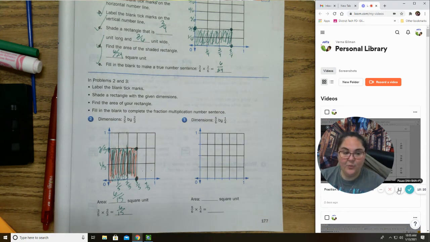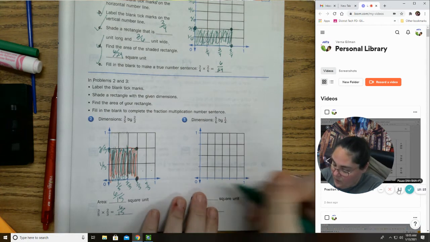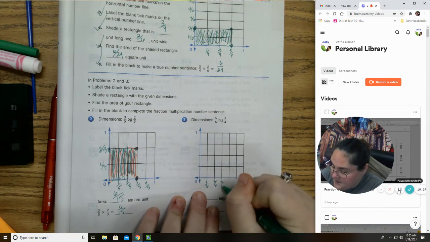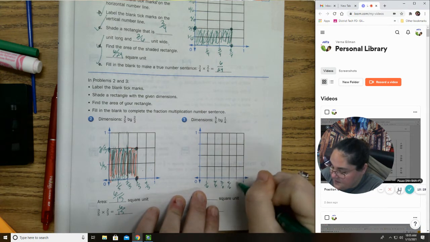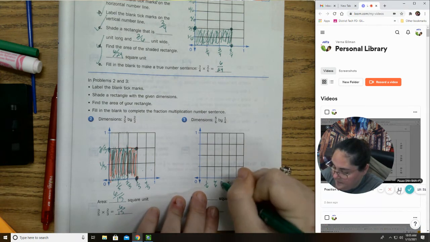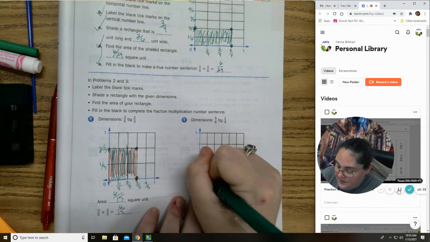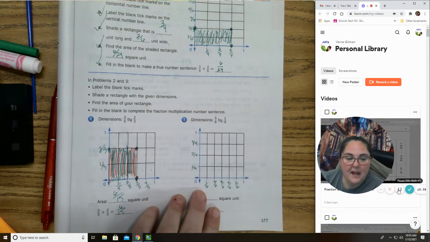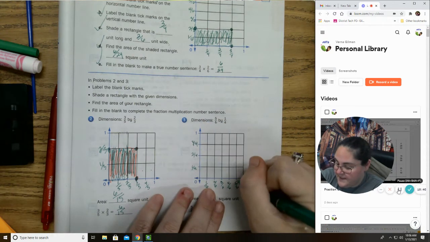All right, here we go. We're going to go 1/6, 2/6, 3/6, 4/6, 5/6, 1/4, 2/4, 3/4. All right, I'm going to go over to 5/6 and put a dot.